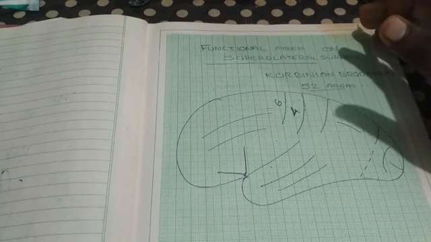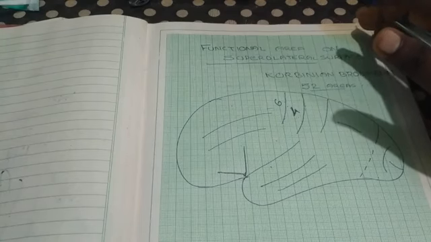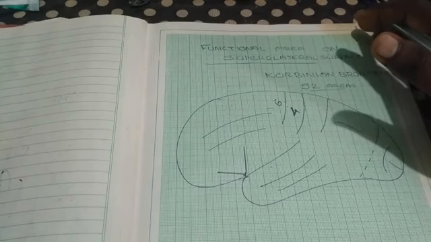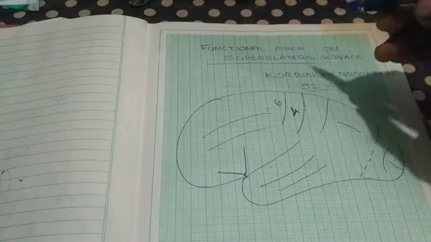This kind of disturbance begins in one part of the body and spreads to the adjoining area. So that's area number 4.